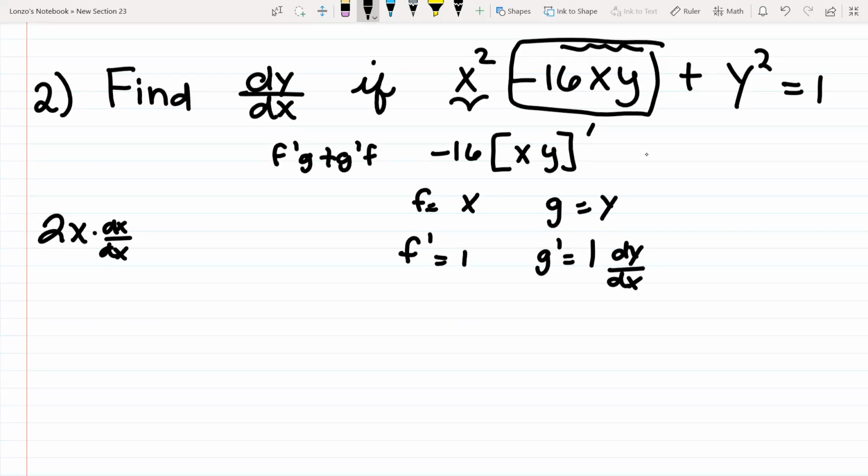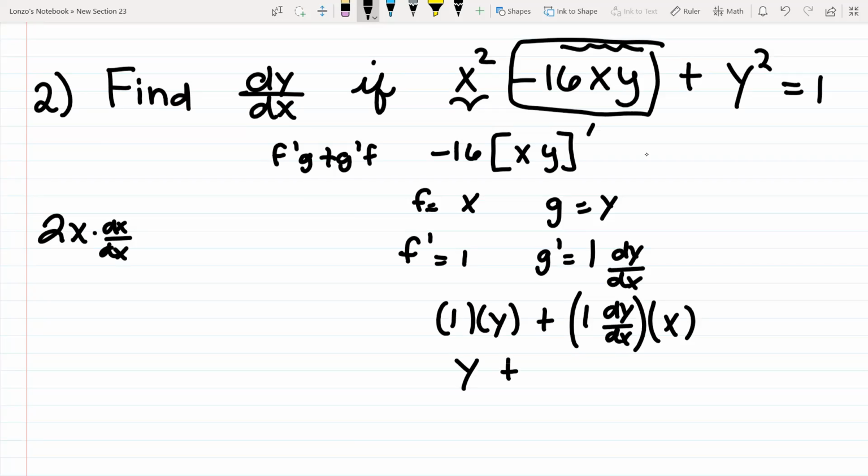So it's going to be f prime, which is 1, times g, which is y, plus g prime, which is 1 dy over dx, times f, which is x. So that would be y plus x dy over dx, right?